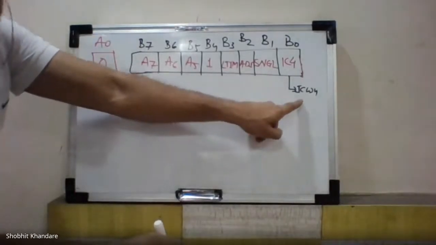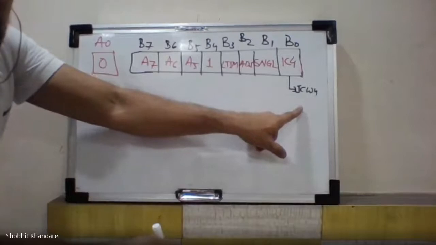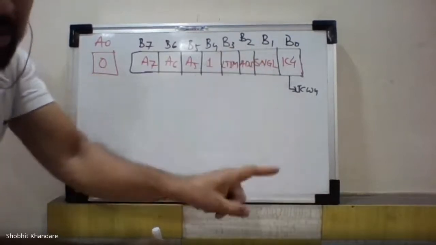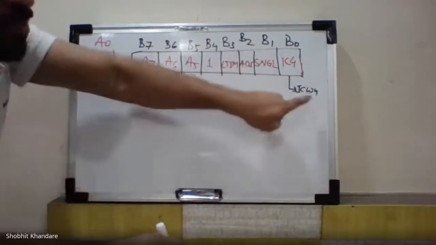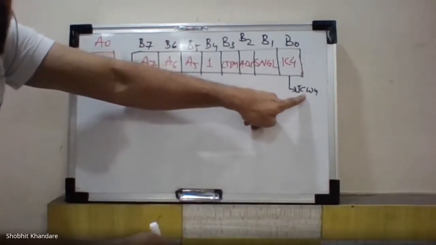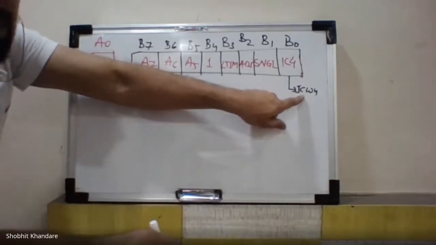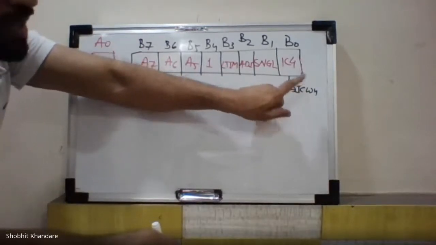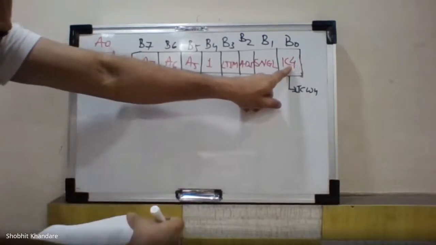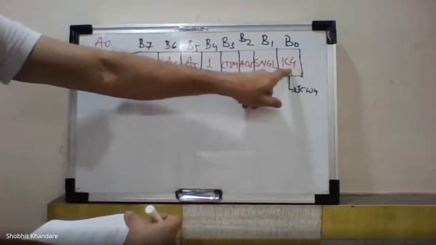To understand each and everything, you should first understand ICW1, 2, 3 and 4. Then you will understand the significance of ICW4. So if I want ICW4, this bit should be 1, and if I do not want ICW4, then this bit should be 0.